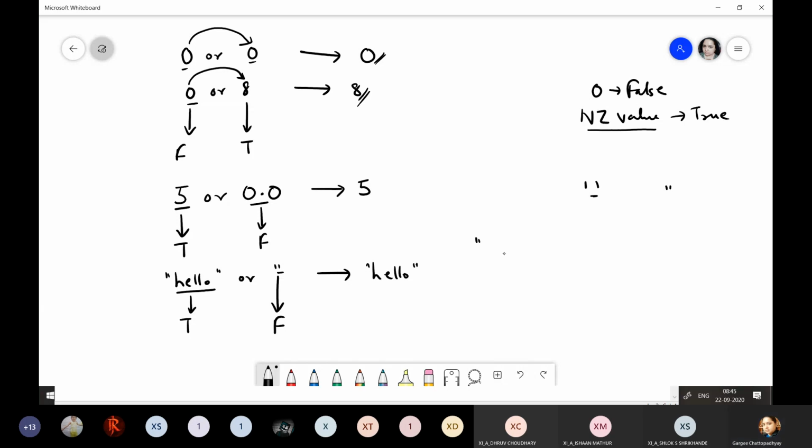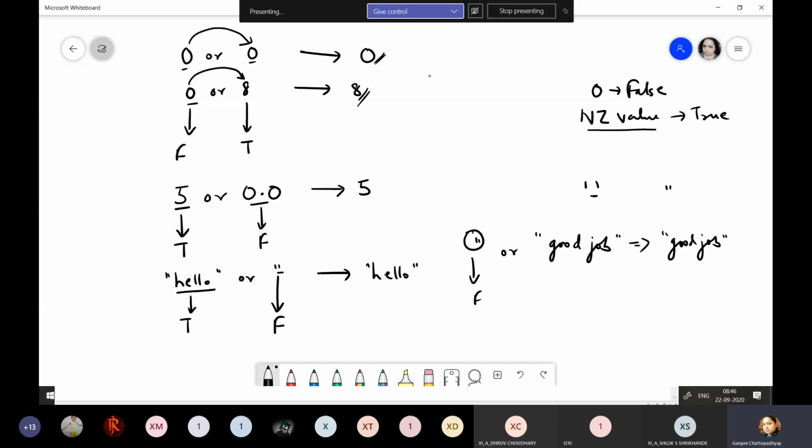If I write, what will be printed? Good job. Yes, good job will be printed. Because this is an empty string and this will be false. I write here A or J. Quickly tell me.